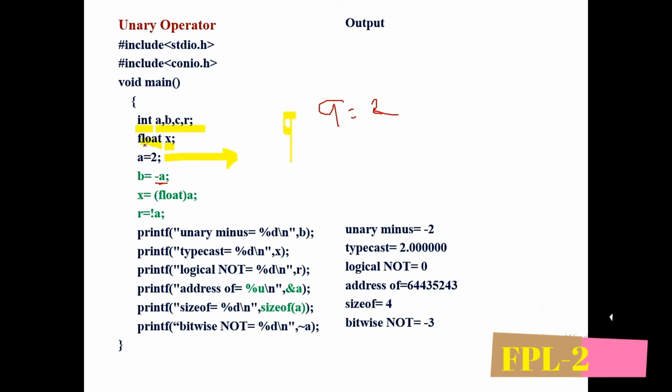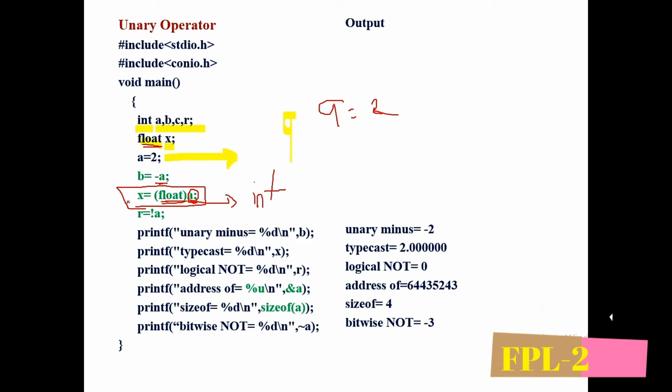Now X is of type float. What we are doing here is the typecast operator, which is used before the name of the variable. This line takes the value of A, which is of type int.